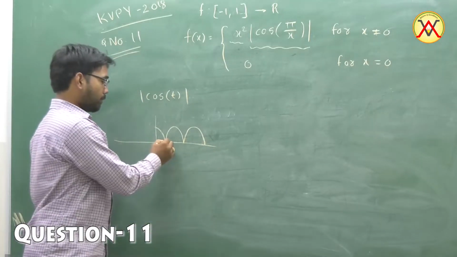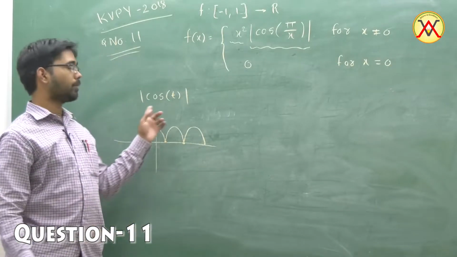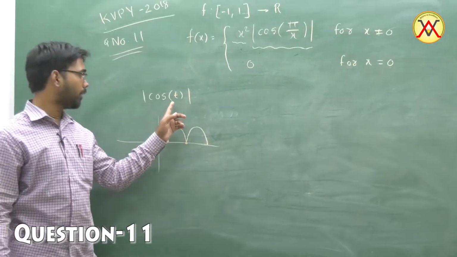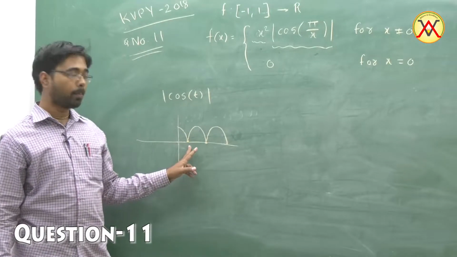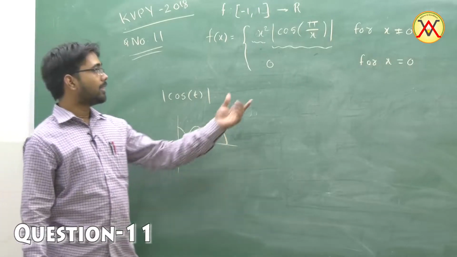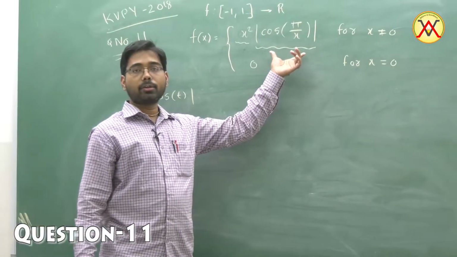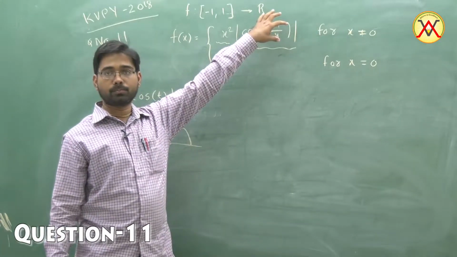You have some sharp corners where this function is not differentiable. Those points are where t is an odd multiple of pi by 2, for example pi by 2, 3 pi by 2, 5 pi by 2, and so on. So this part is going to create a problem when this is an odd multiple of pi by 2.